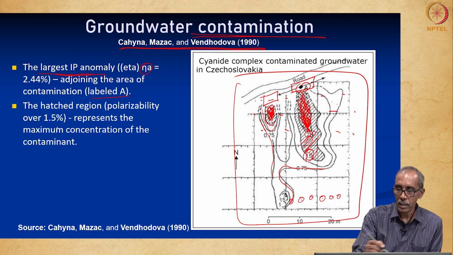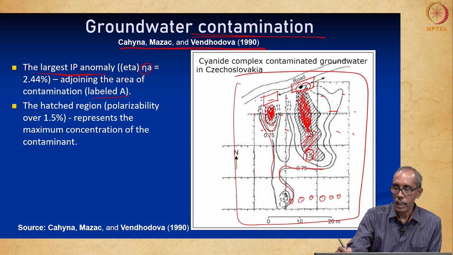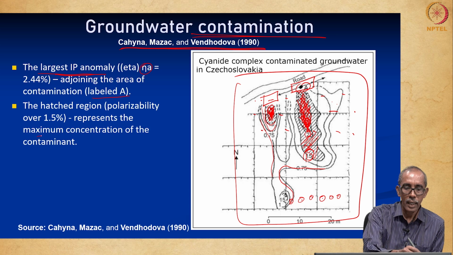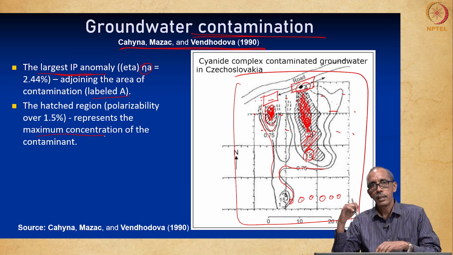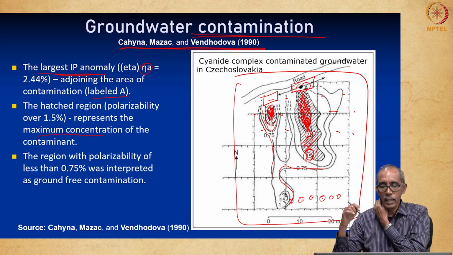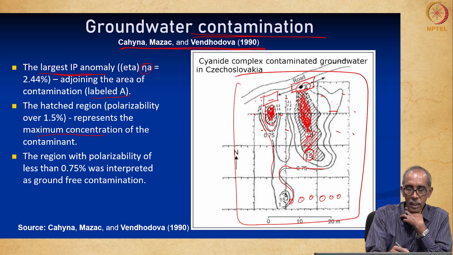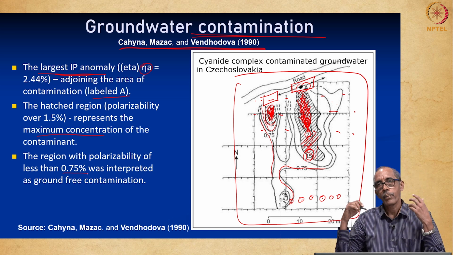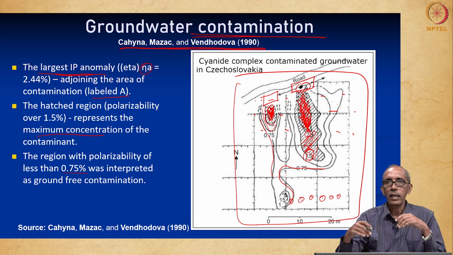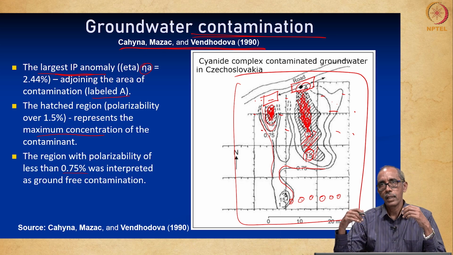This also represents the next maximum zone of contamination. This is the next highest level. Then the region beyond 1.5, with a polarizability less than 1 or 0.75, that is the rest of the area marked in white color, right.